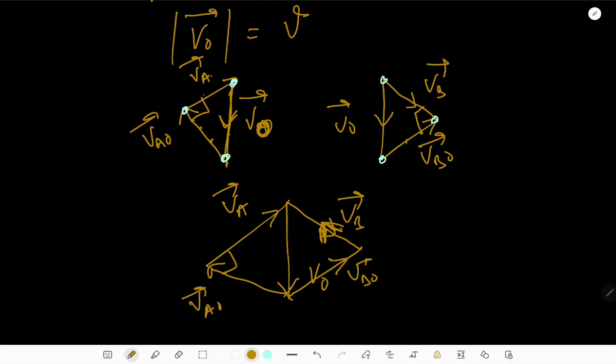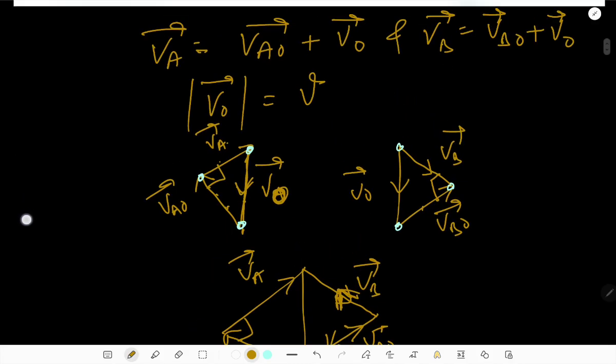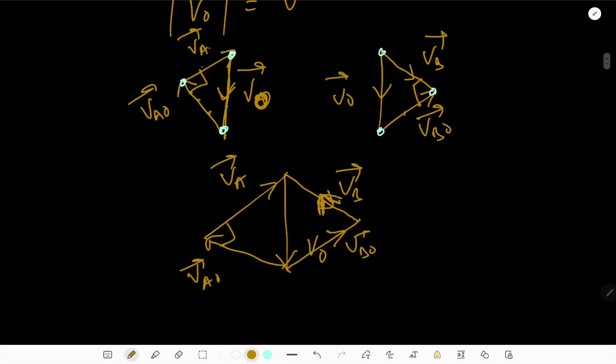VBO plus VO. Oh, I was right. Thank God, for the first time I was right. This must be the vector VB in this direction, and this is VO.